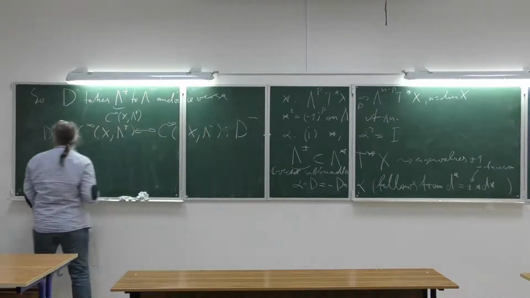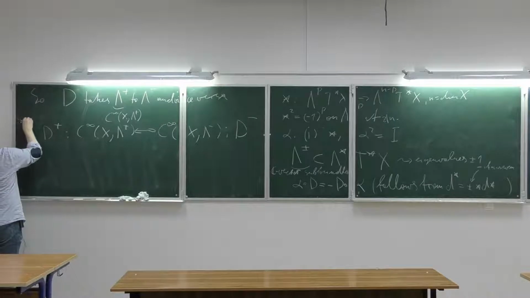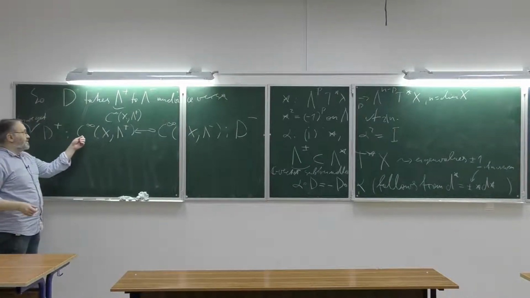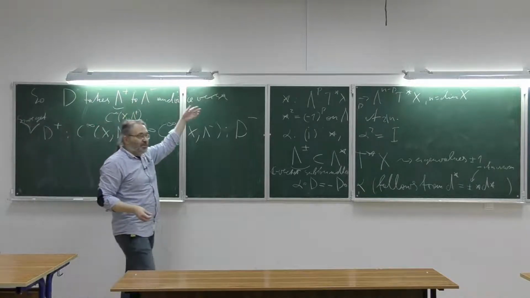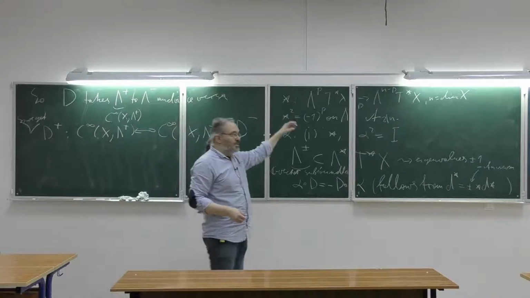Okay, so we get operators d plus and d minus, which is just d restricted to lambda plus, lambda minus.